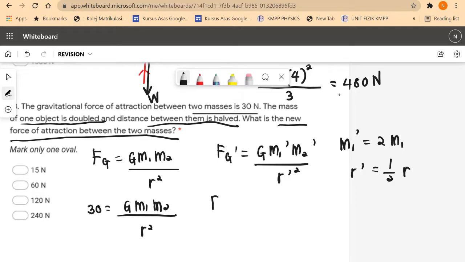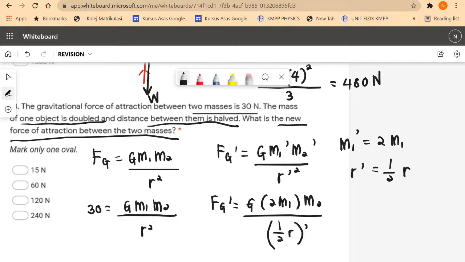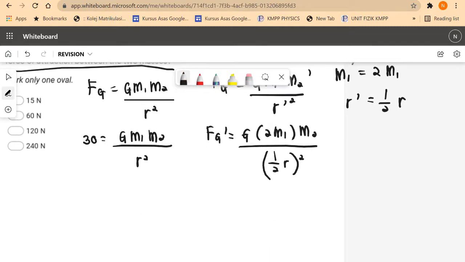So you have to substitute here. M1 is 2 M1 and M2 is still the same. The distance becomes half R, squared. Don't forget to square all of them, you have to square the whole half R. Then bring G M1 M2 here.